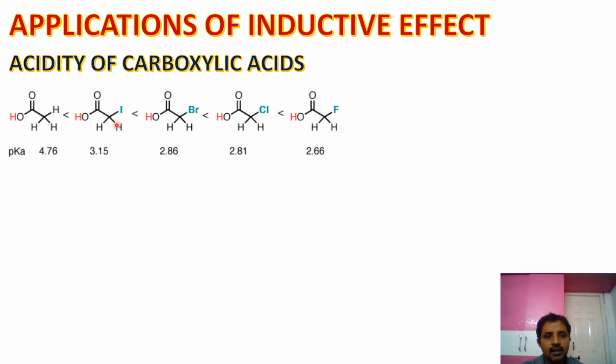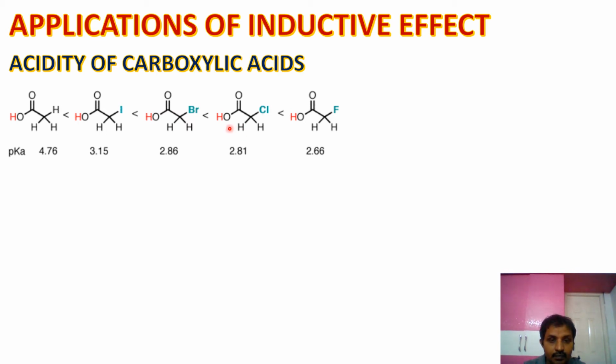Then one of the hydrogen atoms is substituted with iodine, here bromine, here chlorine, here fluorine. As fluorine has more electronegativity, it has a more acidic nature and a lesser pKa value.